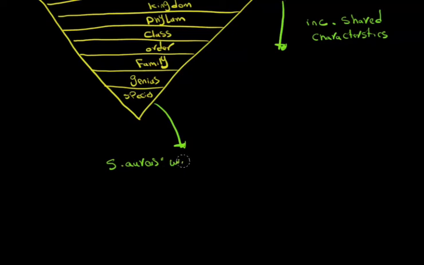An example, just to make you understand: Staph aureus, the wild type strain, and the resistant strain, methicillin-resistant Staph aureus. They are different strains but belong to the same species, at the tip of the pyramid.